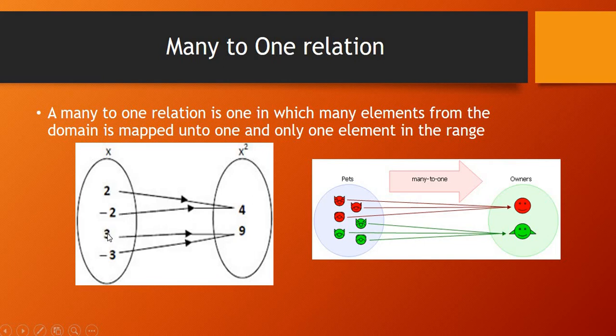Also, +3 and -3 are mapped onto one element in the range, which is 9. So this is an example of a many-to-one relation. And as you look closely here, you have more than one pet mapped onto one owner. Let's look at the others.